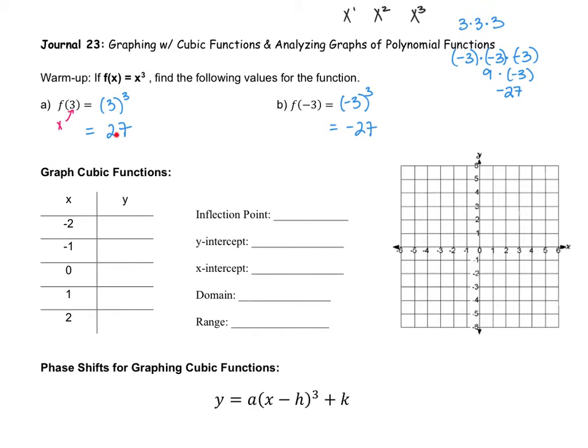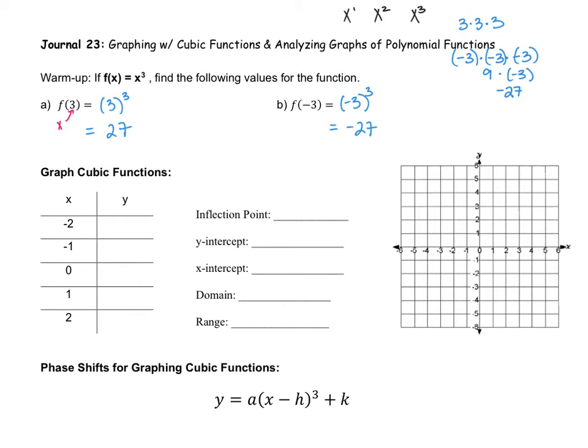So I want us to compare these two answers and ask ourselves, why is this one positive and this one negative? Think about it. So when I have something that is a positive number and I cube it, I'm always going to get a positive number because, well, there was never negative numbers to begin with.